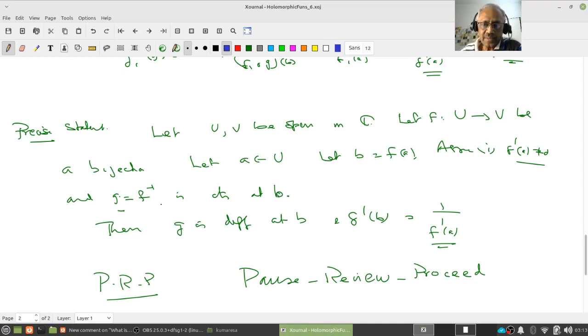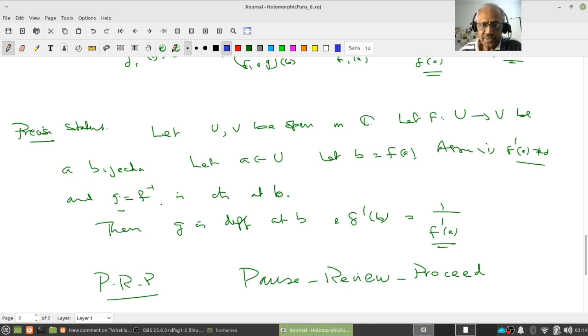Okay, and for that you also need the function f to be continuously differentiable. Okay, right. Whereas here we are going to say something much stronger. This we will prove after the open mapping theorem.